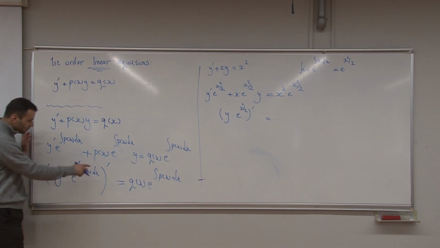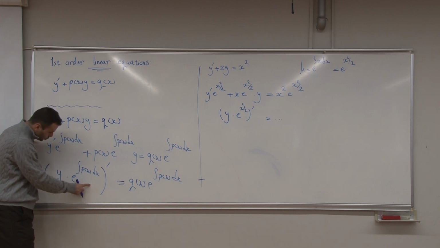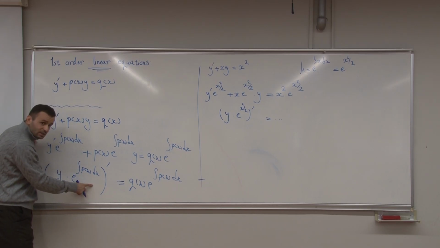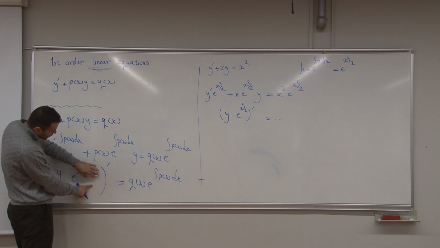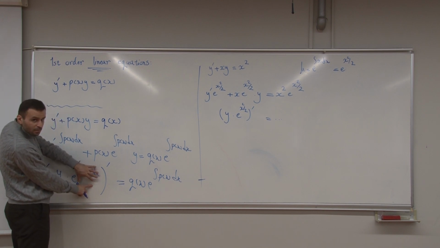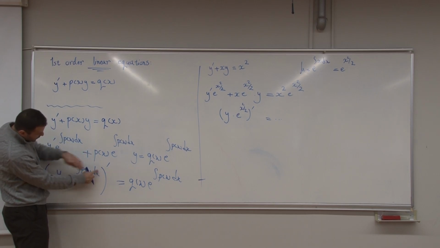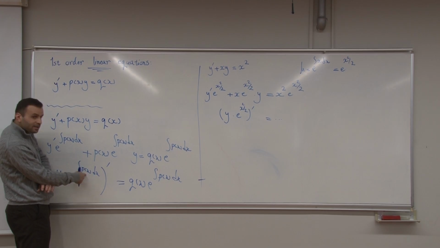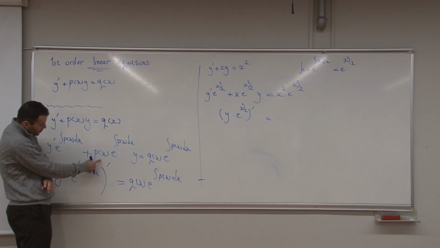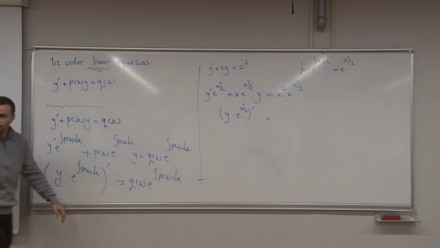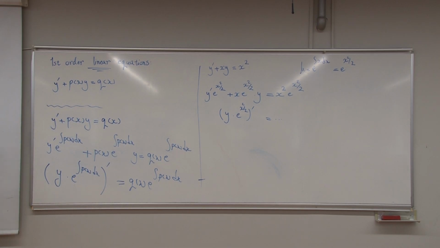Because if you want to calculate it, the derivative of the multiplication is equal to the derivative of the first one times the second one, plus the derivative of the second one, which is the derivative of e to the power of the integral of px, which is itself multiplied by the derivative of this expression, right? And what's the derivative of the integral of p of x? It is p of x. So p of x multiplied by the first one. Okay, equals this. Good?